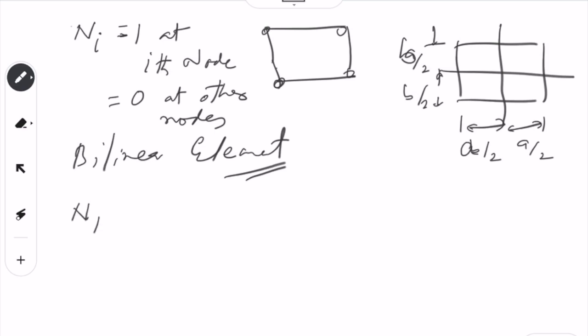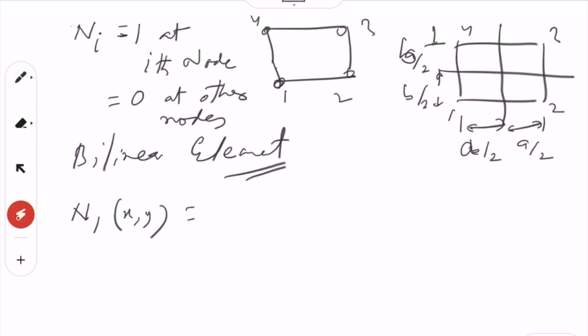So, n1 of x, y will be equal to, now we know that this is node 1, 2, 3, 4, and at node 1 we have value equal to 1, others equal to 0. So, we can do like this.